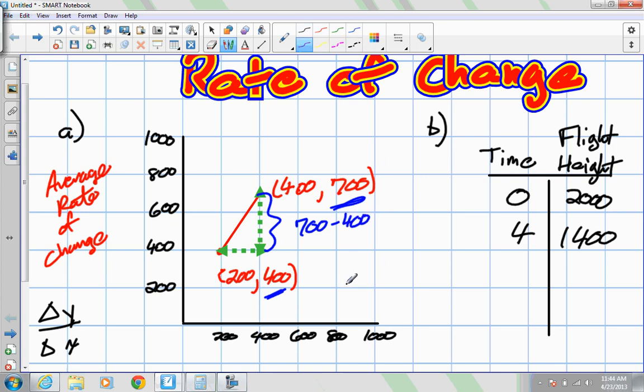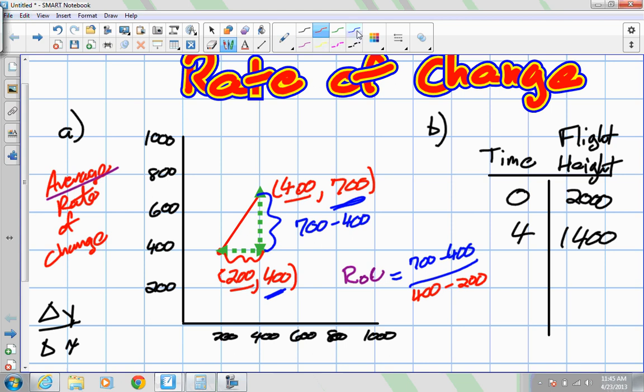We'll say the ROC, rate of change, or in this case, because we're doing average rate of change, and I'll talk about the difference after, is going to be equal to 700 subtract 400 divided by, and then we have to find the change of our x values. Well, that's going to be taking 400 and subtracting 200.